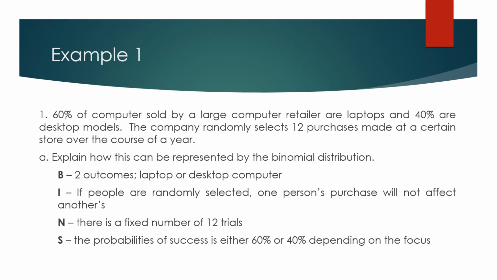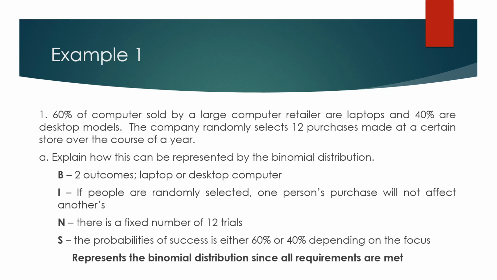And the probability of success is either 60% or 40% depending on the focus. Now, since it's a large company, one order taken out and being removed from consideration is not going to affect the probability. So this is actually that 5% guideline rule, but kind of in an invisible state. So this represents the binomial distribution since all of the requirements are met.